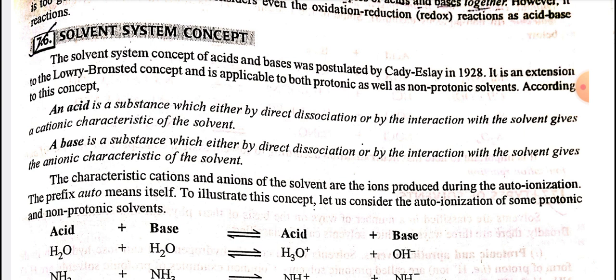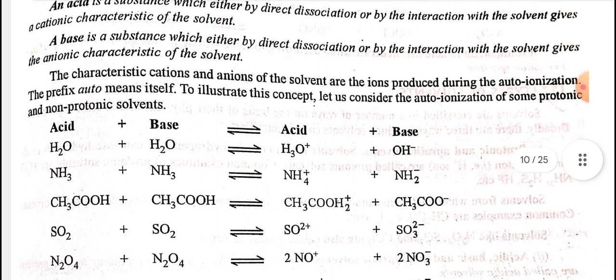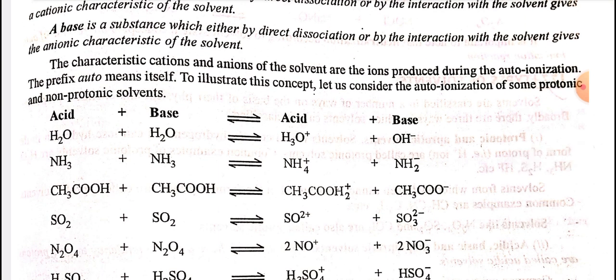A base is a substance which either by direct dissociation or by interaction with the solvent gives the anion characteristic of the solvent. Characteristic cations and anions of the solvent are the ions produced during autoionization. The prefix auto means self.